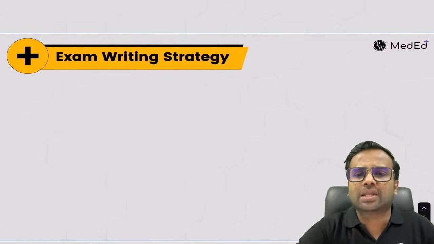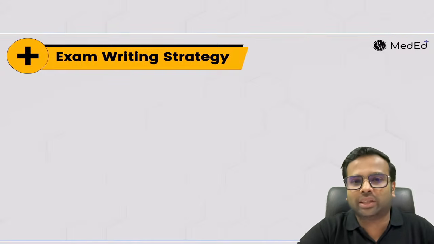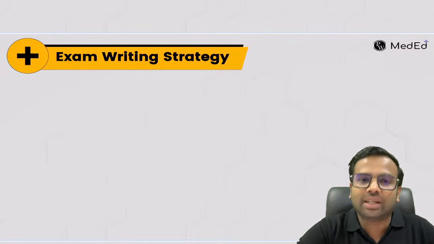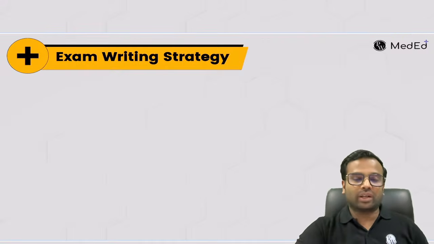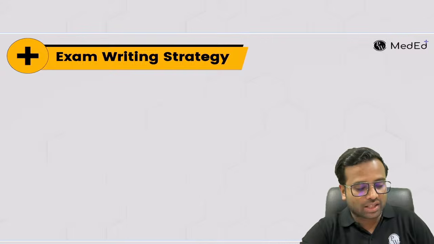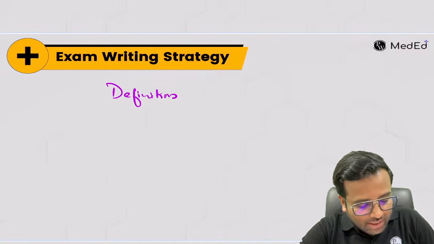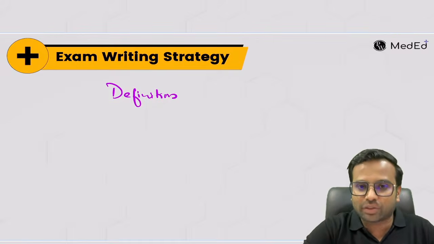In the last discussion, we had discussed what our methodology should be when we give a subjective kind of an exam. So here we will follow the same rules that I discussed last time. Always begin your answers with a definition wherever possible. That is the first thing.